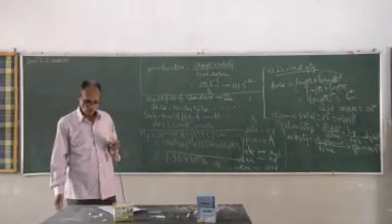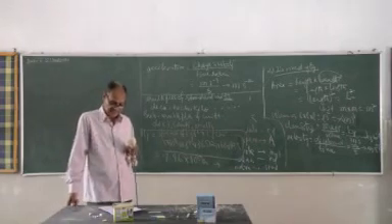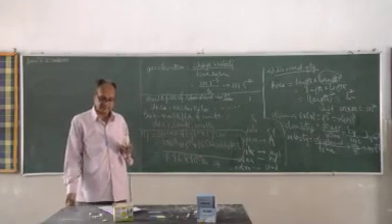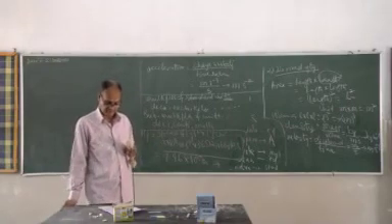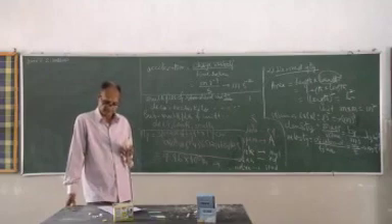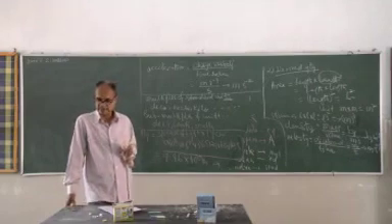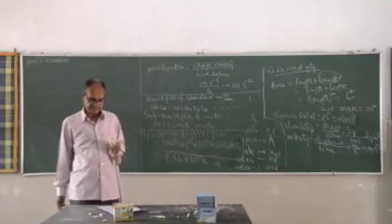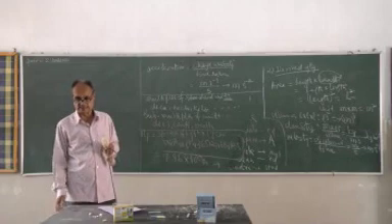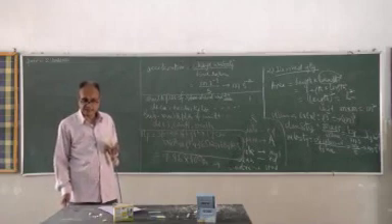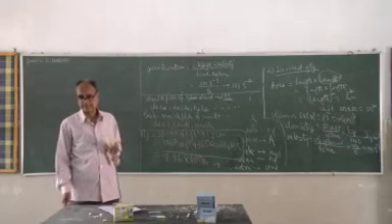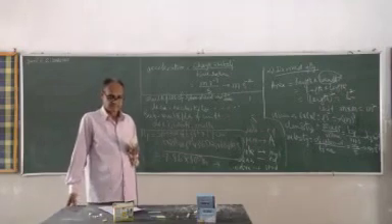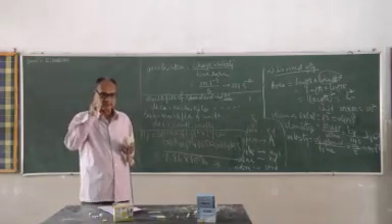It is defined as the distance from where the semi-major axis of the Earth's orbit, whose value is taken as 1 astronomical unit, subtends an angle of 1 second. This 1 second is not a value of time. It is the value of an angle, 1 second.